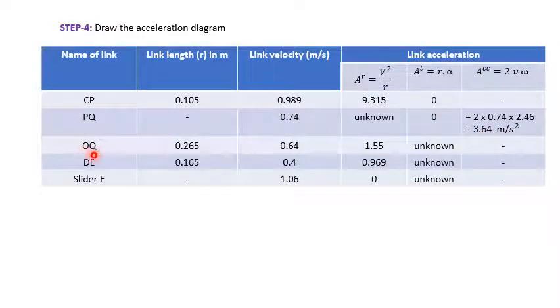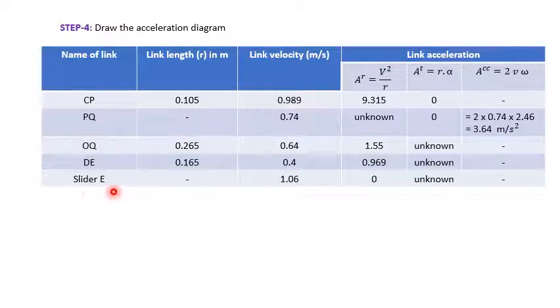Similarly, for OQ, its length is 0.265 and velocity 0.64, radial acceleration after simplifying we got 1.55, tangential acceleration is unknown, and there is no Coriolis component. For the link DE, link length is 0.165 and velocity 0.4, radial acceleration 0.969, tangential acceleration unknown, and 0 Coriolis component.